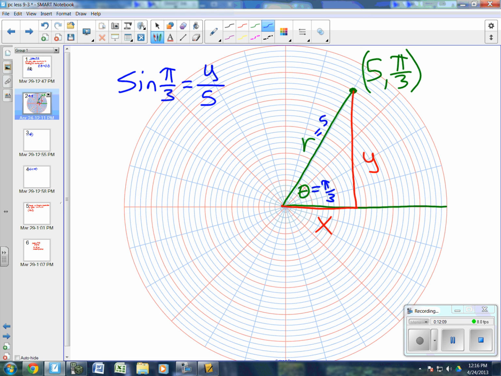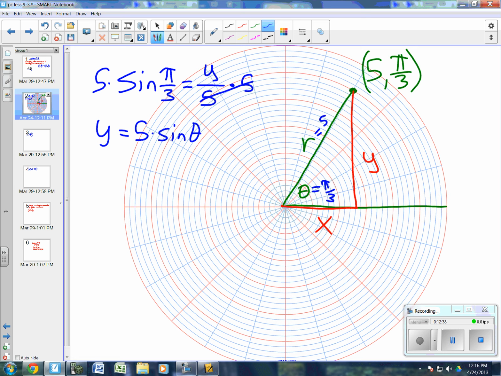And so if I times both of these by 5 to get y by itself, those cancel out and I get y equals 5 times the sine of theta. So all I have to do to find y is find the sine of theta and times it by 5, right? Or sine of pi thirds and times it by 5.